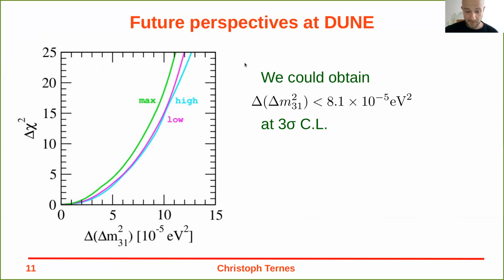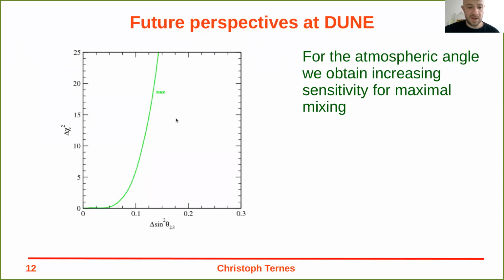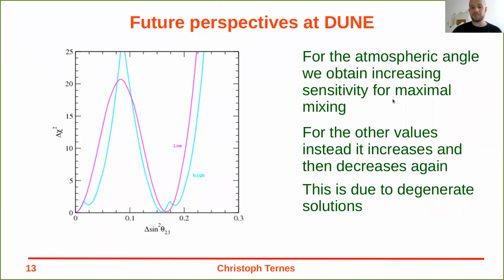In the case of the atmospheric angle, we have an increasing chi-square profile as expected for maximal mixing. However, something more interesting happens if the angle is not maximal. As you can see in this figure, our profile first starts growing, but then falls again.